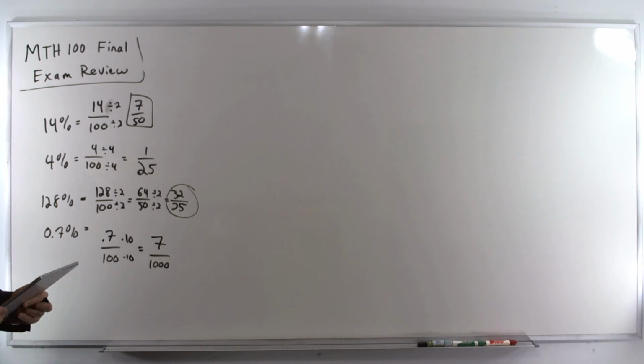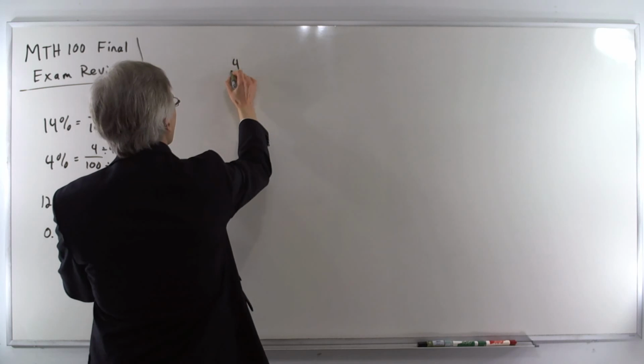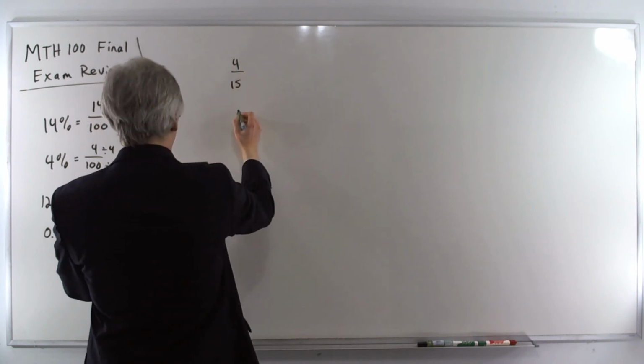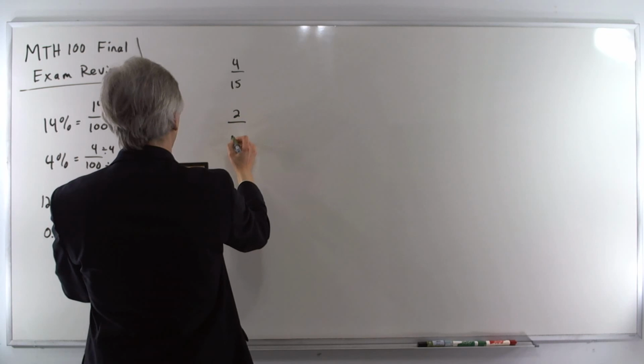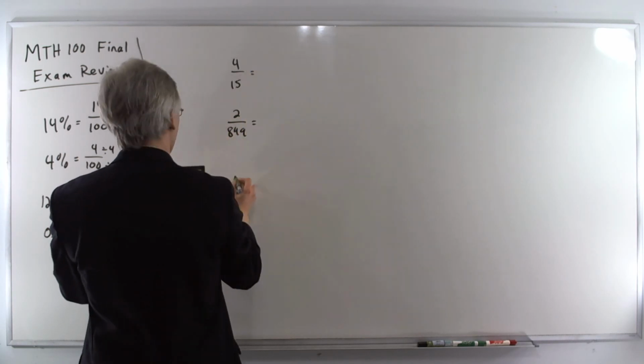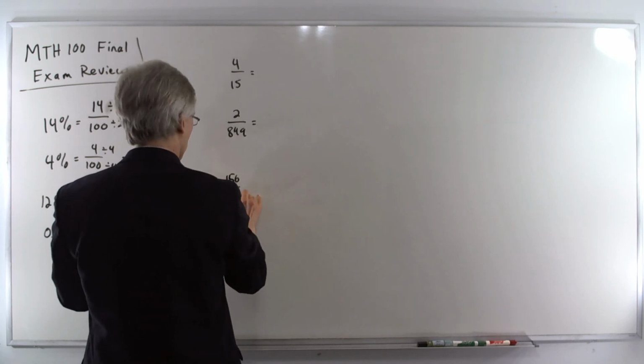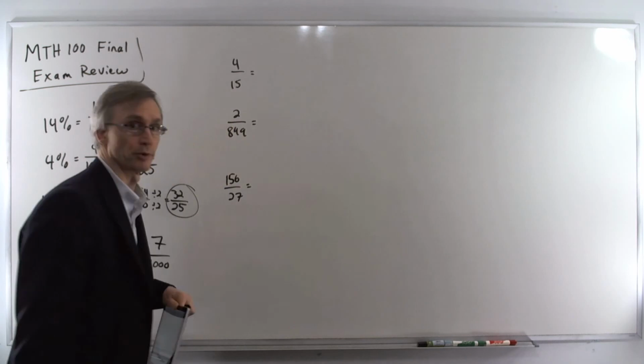And now we're going to change fractions to percents. Now with these, there should be 2 steps. First step is just to use your calculator and get a decimal number.